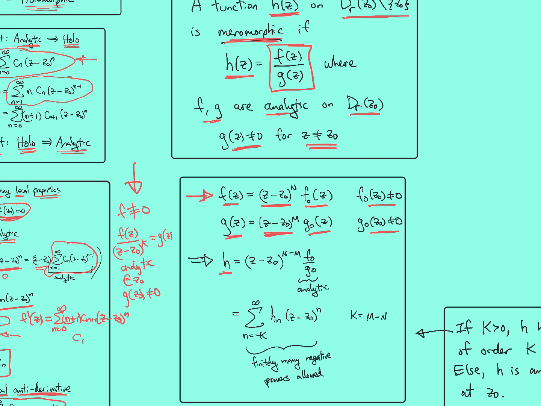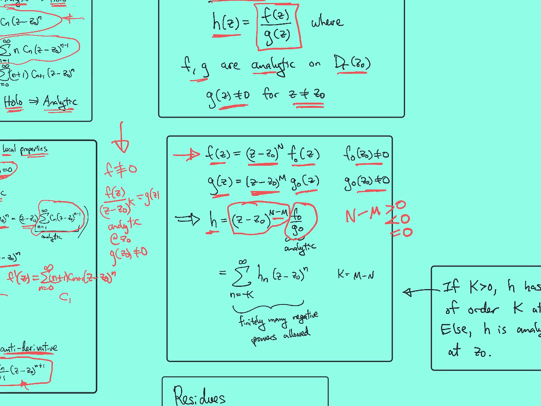And now h, when I divide these two, will just have this factor of z minus z naught to some power, n minus m, which could be positive, could be negative, could be 0, all are possible. This part here will be analytic on the disk in question because g naught now will have no zeros.